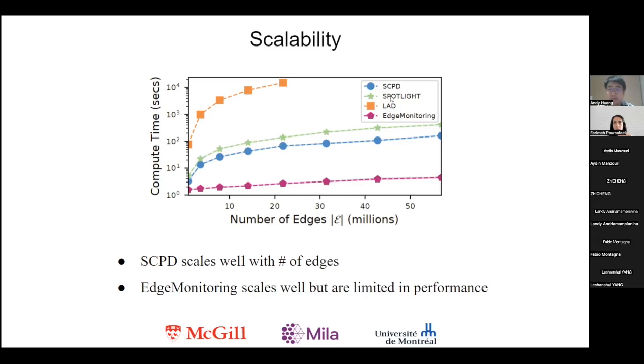It scales similarly to Spotlight, which is a subgraph tracking method. And the n-cube complexity of LAD will essentially make it intractable on very large dynamic graphs. The edge monitoring method scales very well, but it doesn't perform well in practice.